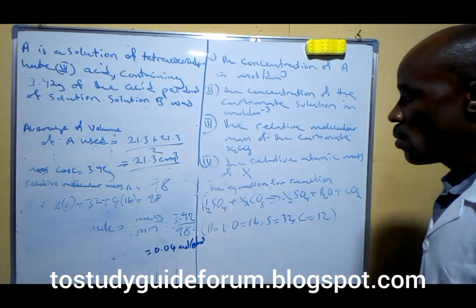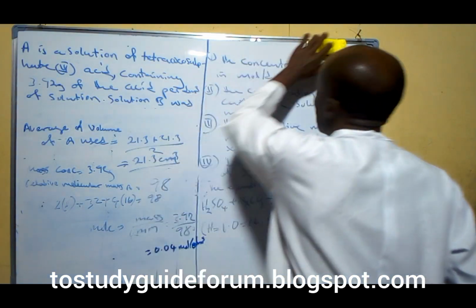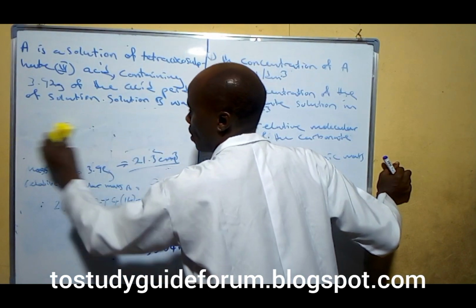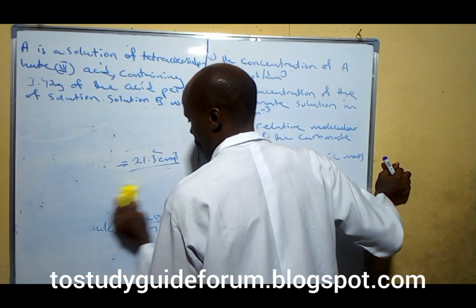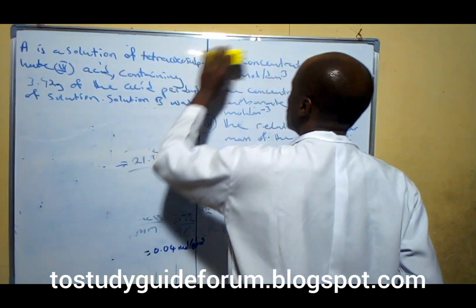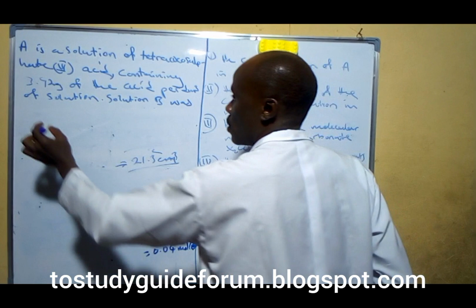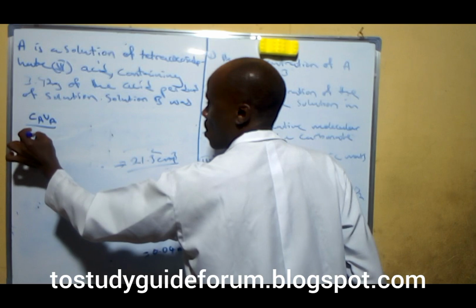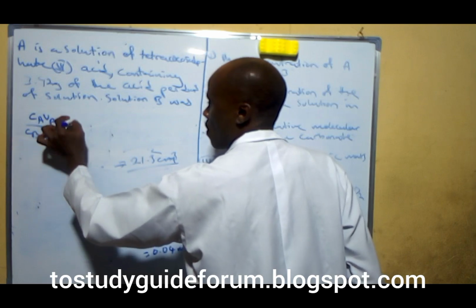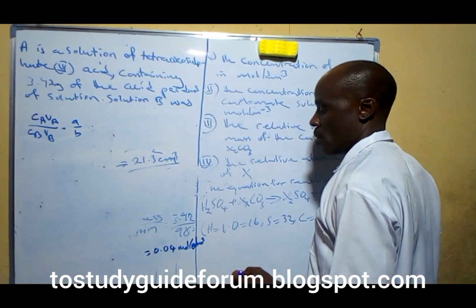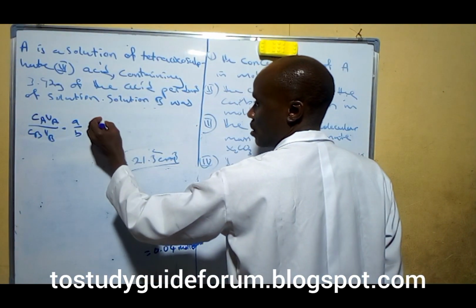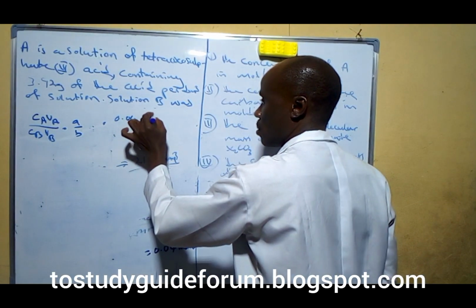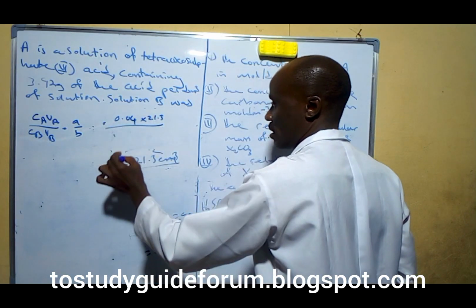To do that, we are going to use our relation, where CA is equal to 0.04 and the volume is equal to the volume of the A, or the acid.